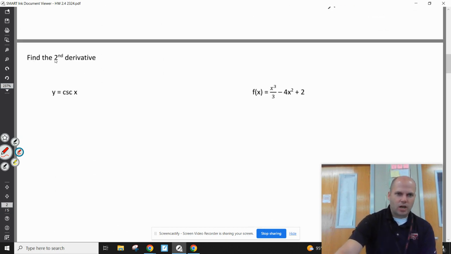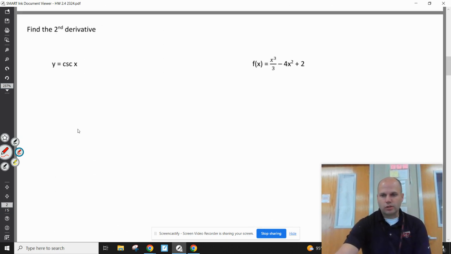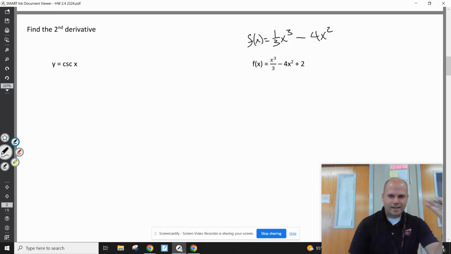Okay, now we talk about higher order derivatives, slopes of slopes, slopes of slopes of slopes. Let's do the easy one here. Again, I love how I'm showing you this, like x cubed over 3. I'm going to start by being like, oh, that's just 1/3 times x cubed. It is not x's divided by x's. It's not x's times x's. We don't have to use the product or the quotient rule.